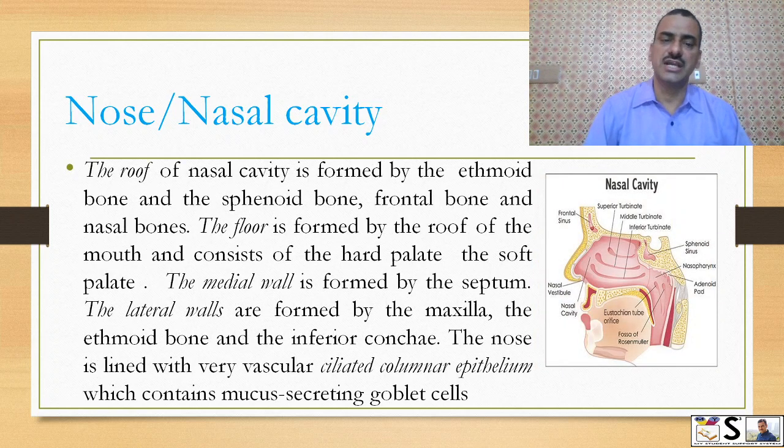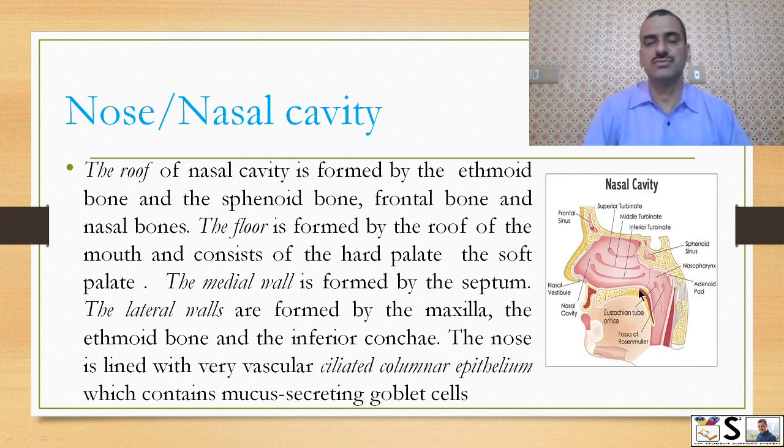The roof of the nasal cavity is formed by the ethmoid bone. Here you can see this is the part of the ethmoid bone and nasal bones. The nasal bones are here. The floor is formed by the roof of the mouth and consists of the hard palate here and the soft palate here.